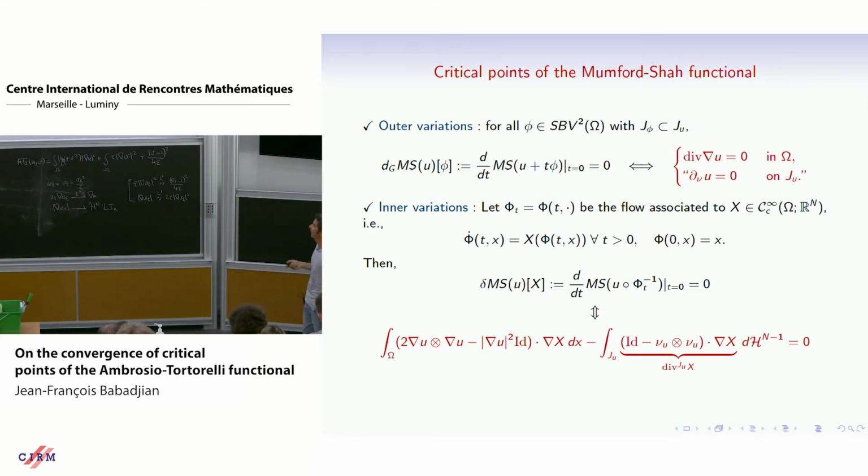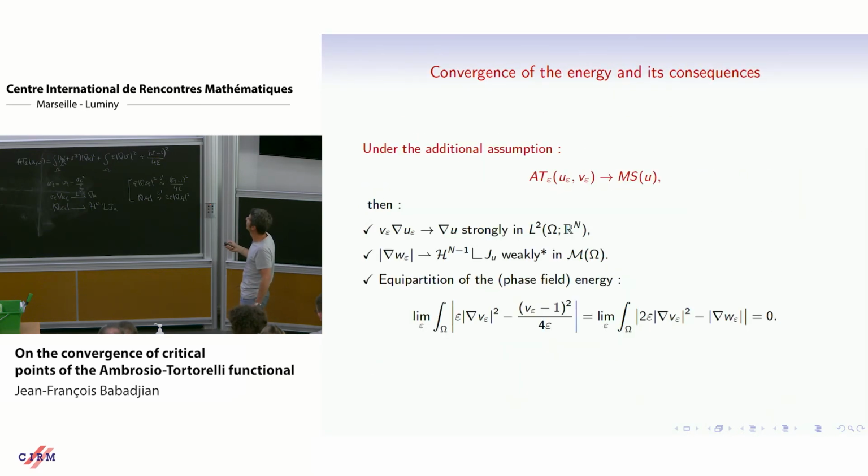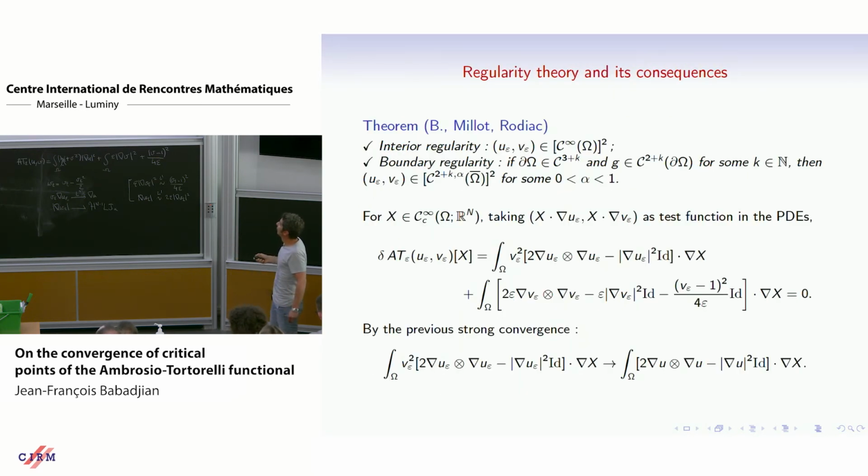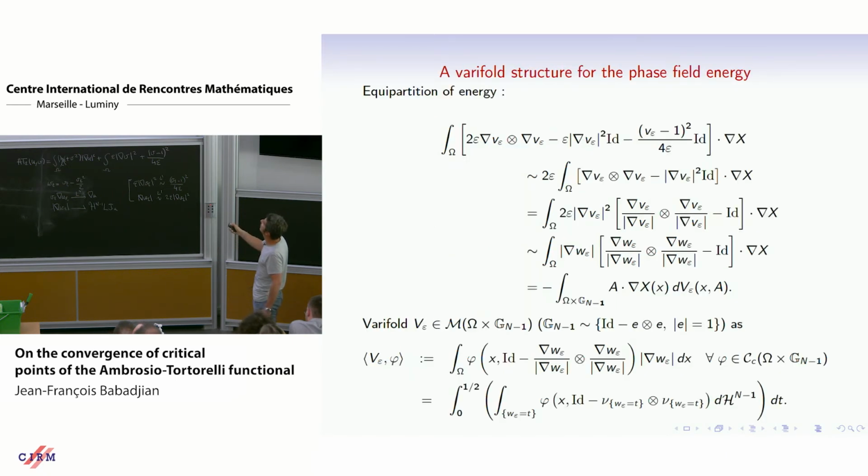And of course, as you can guess, the difficult one is this one, because it is the one which involves the jump set, the sharp interface. It will arise as a limit of this term, but to do that, you need to work a little bit. This second term, I rewrite it here.